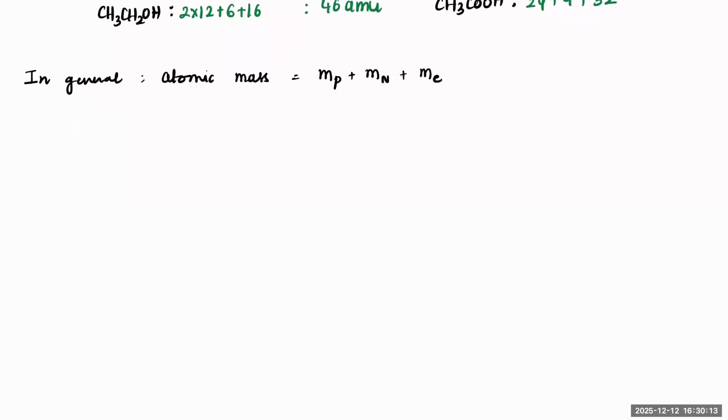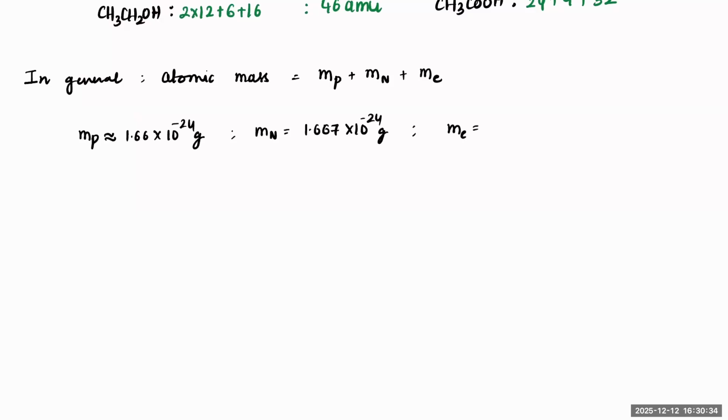If you compare the relation of these three, you will notice that the mass of proton is approximately 1.66 into 10 raised to power of minus 24 grams. Mass of neutron is 1.667 into 10 raised to power of minus 24 grams.